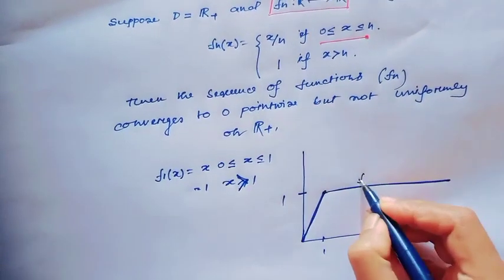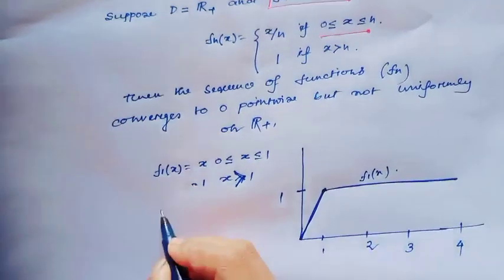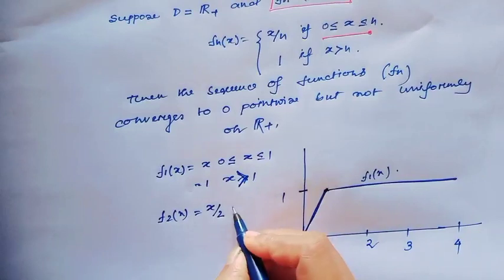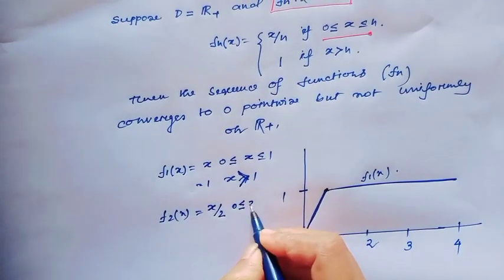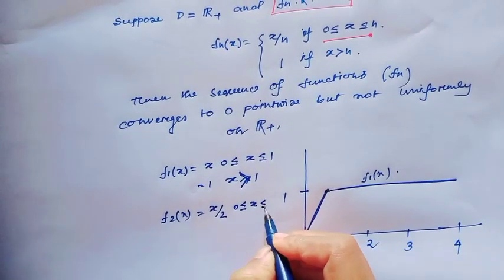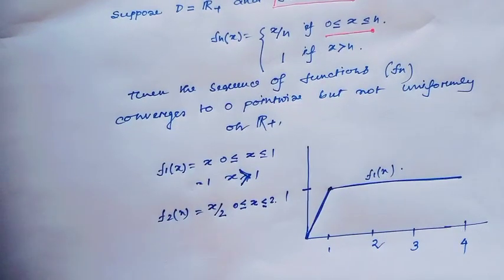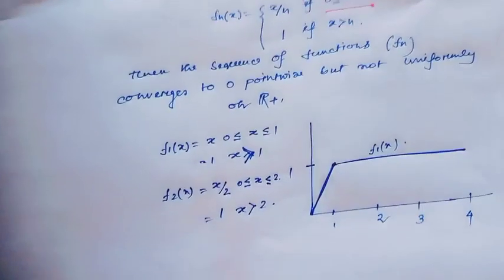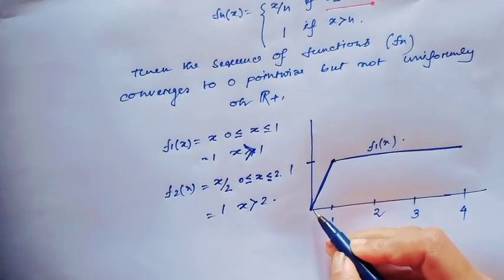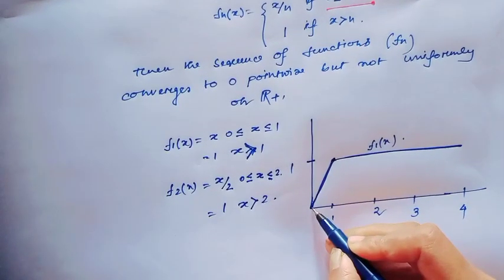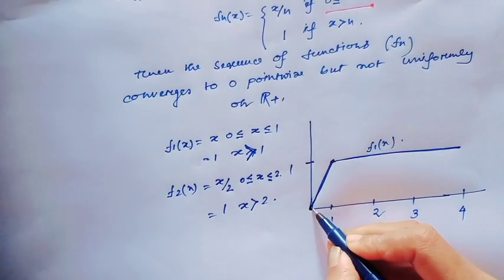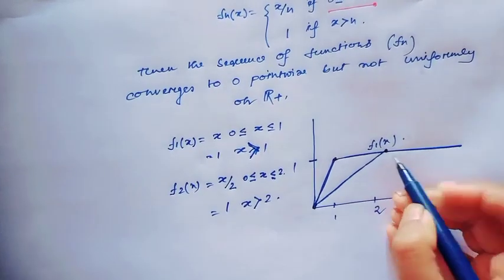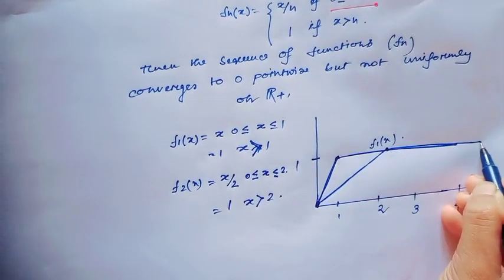This is f_1(x), and f_2(x) would be x over 2 when x lies between 0 and 2, and 1 when x is strictly greater than 2. So for f_2(x) the slope is 1 over 2, then when x is greater than 2, it is 1.